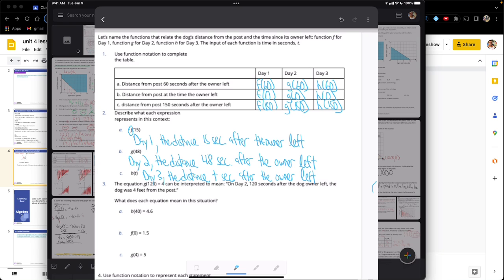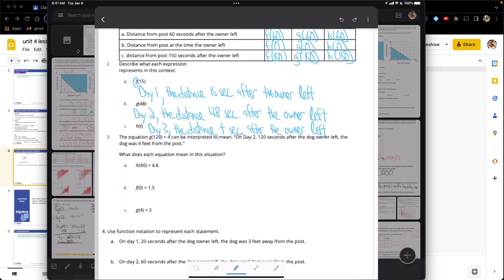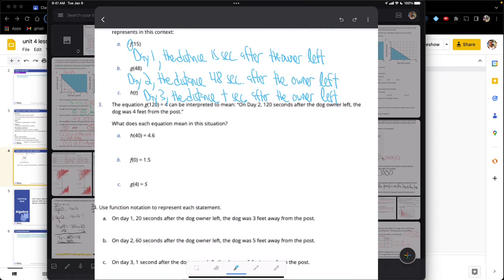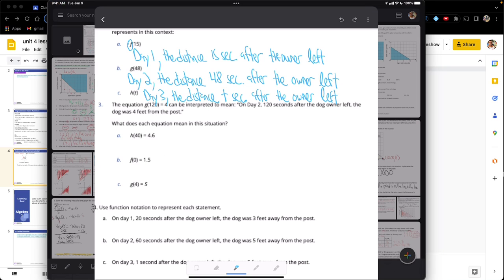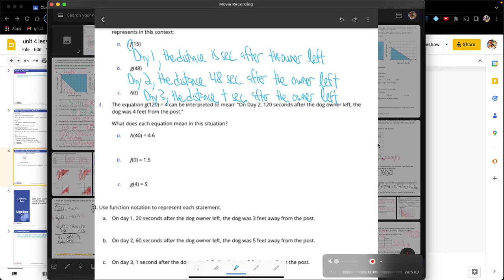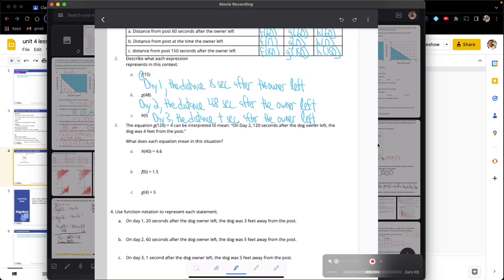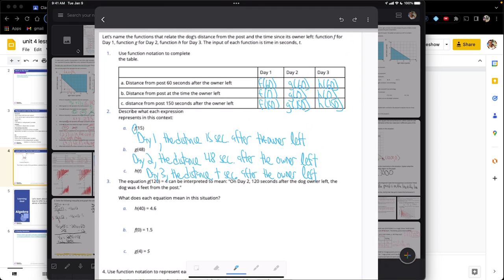Let's go to number 3 now. The equation g of 120 equals 4 can be interpreted to mean on day 2. Why day 2? Because function g stands for day 2.